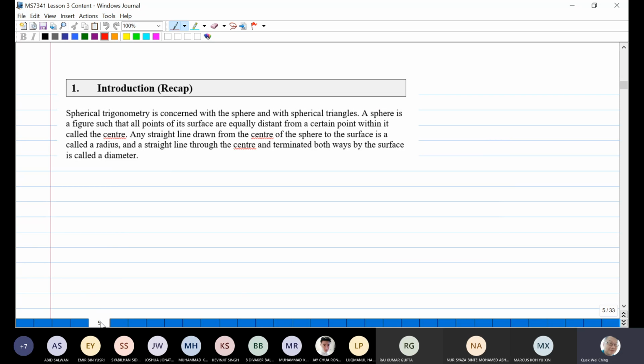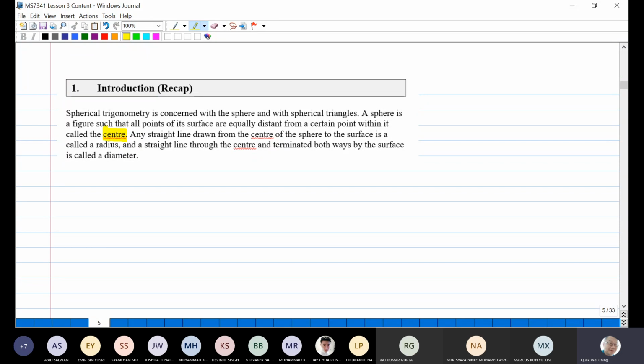So we know that there's the radius. There are a few things that let me point out there. One of them is the center of the sphere.